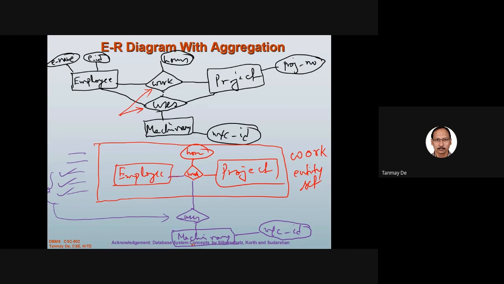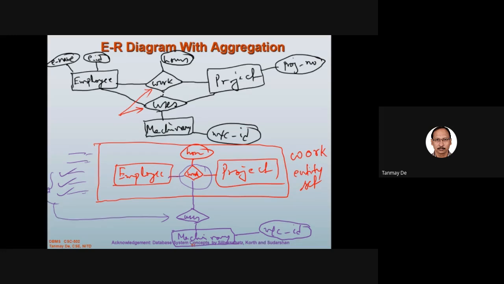Those who do not use machinery are not present in machinery; they do the work internally through this work relationship. So this is the concept of aggregation.